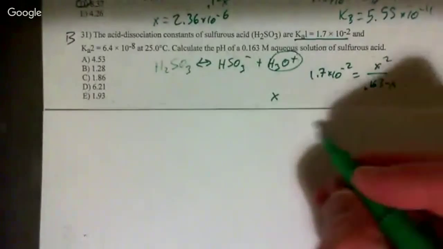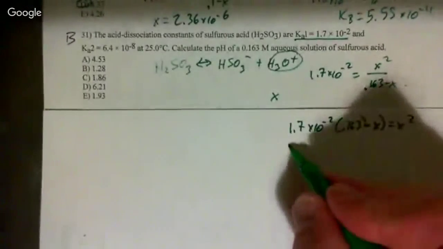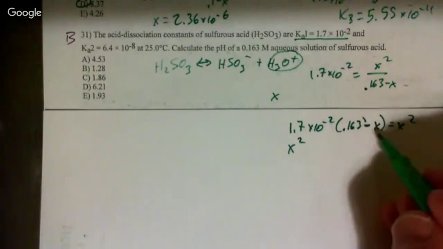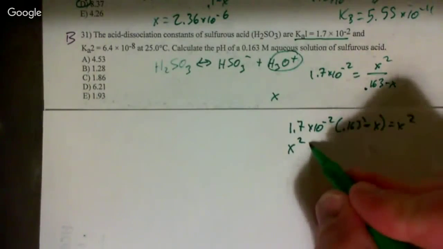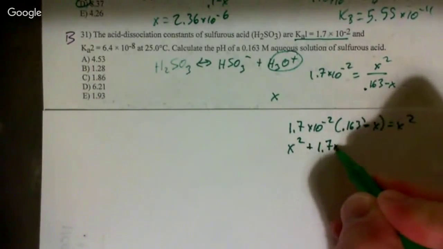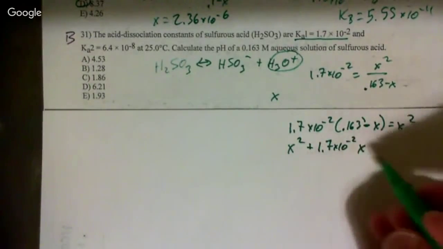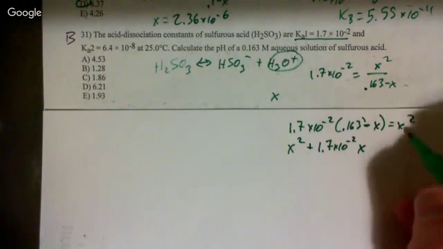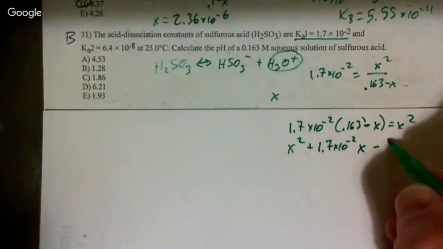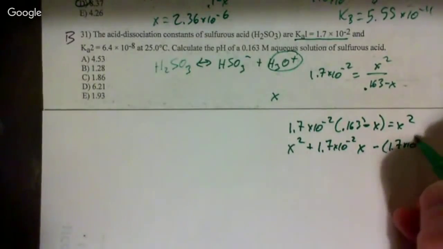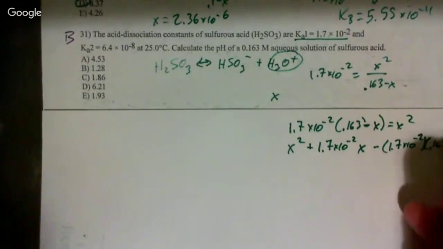I'm basically rewriting this as 1.7 times 10 to the negative 2 times (0.163 minus x) equals x squared. Do a little algebraic manipulation: x squared plus 1.7 times 10 to the negative 2 x minus 1.7 times 10 to the negative 2 times 0.163.